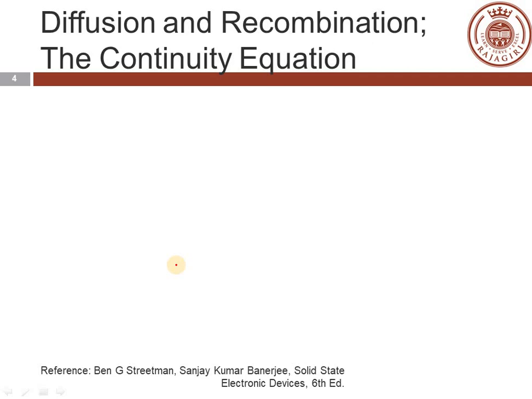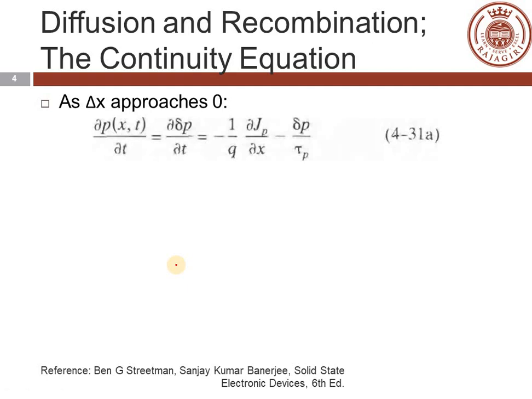As delta x tends to 0, our previous equation can be modified like this: dou p by dou t is equal to minus 1 by q dou Jp by dou x minus delta p by tau p. This is called the continuity equation for holes.